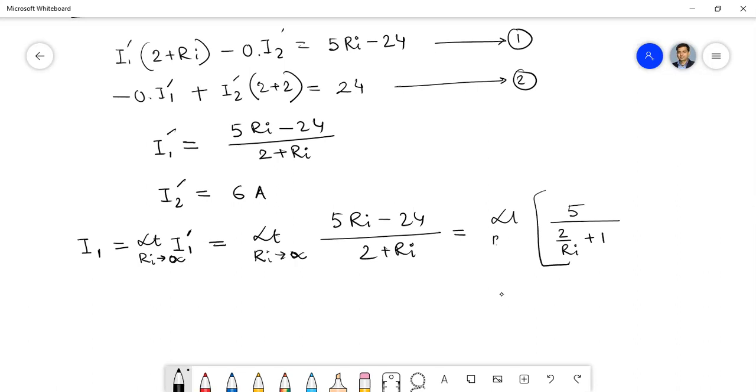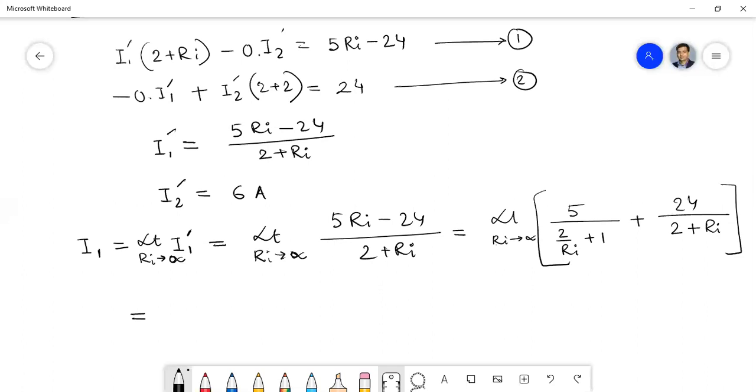And the second term will be 24 divided by 2 plus Ri. Okay, so now we can put this Ri to infinity. Sir, the sign will be minus.